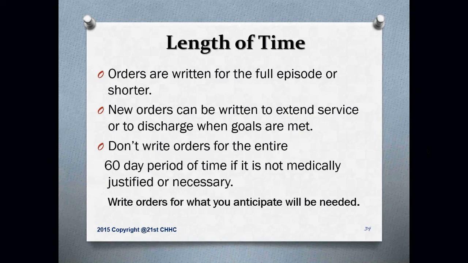We see this a lot with orthopedic surgeries, where the physician will want home care therapy for 2 to 3 weeks post a knee replacement or hip replacement. And then they want them going to outpatient so they can get a little bit more intense therapy. So again, if the doctor's indicated that they only want it for a certain length of time, that's not going to be the entire 60-day period, then you need to make sure that that's on there the way that the doctor has ordered it.